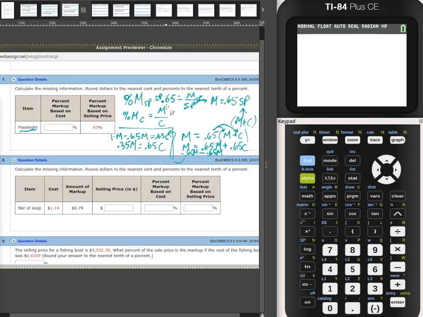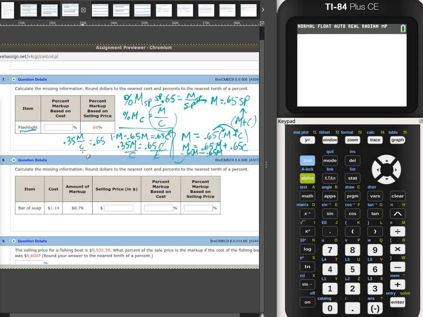Do you see that we're almost here? We're almost able to obtain this one. We need to just have m over c on one side. So we can just divide both sides by c. On this side it will cancel. And then we will have 0.35 m over c is 0.65.